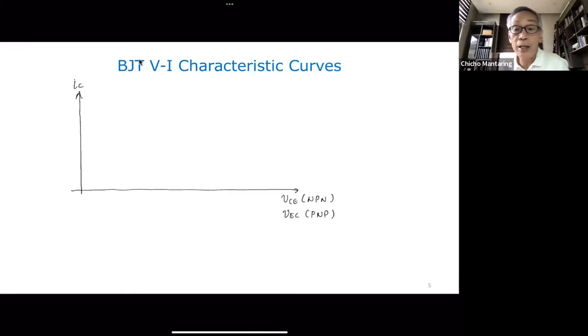So depending on whether it's an NPN or a PNP, that is what we have in our horizontal axis. Now, we have an additional parameter, that's IB. IB is treated as a parameter of the plot. In other words, our plot will be for a particular value of I sub B. Let's say IB is equal to IB1.